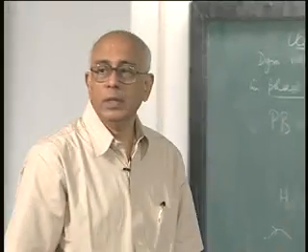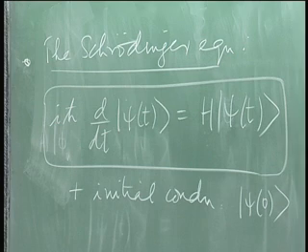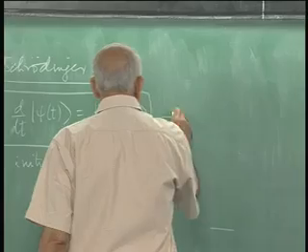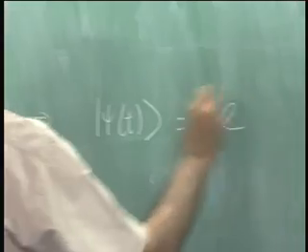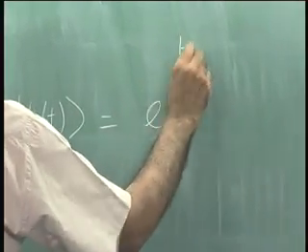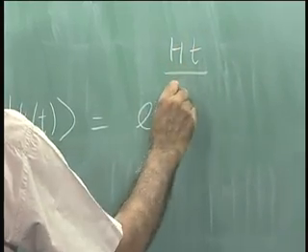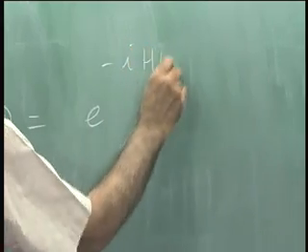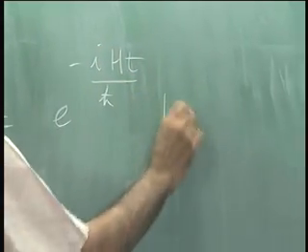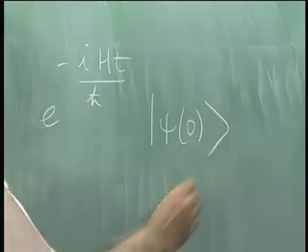What is the solution to this equation then? Exponentiation. It says psi of t equals e to the power minus i H t over h cross, acting on psi of 0.